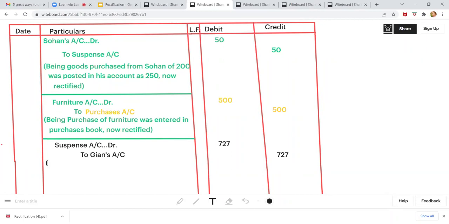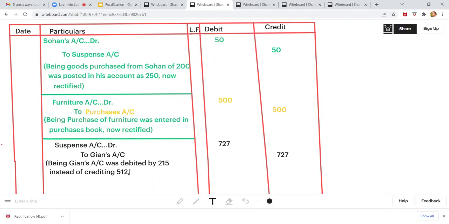And here we will write the narration as being Jian's account was debited by 215 rupees instead of crediting by rupees 512.